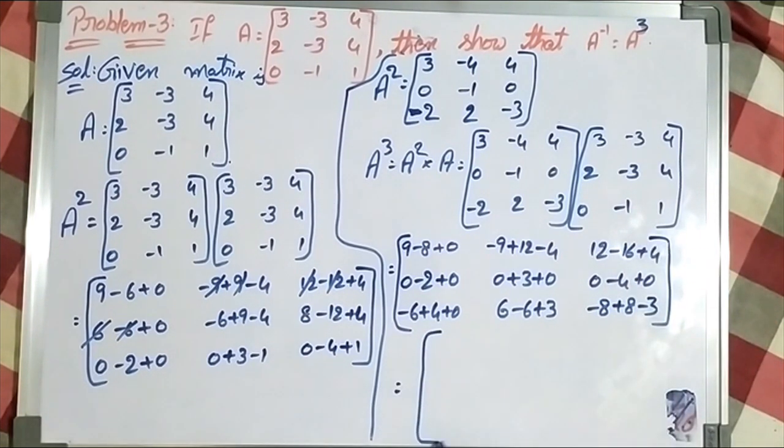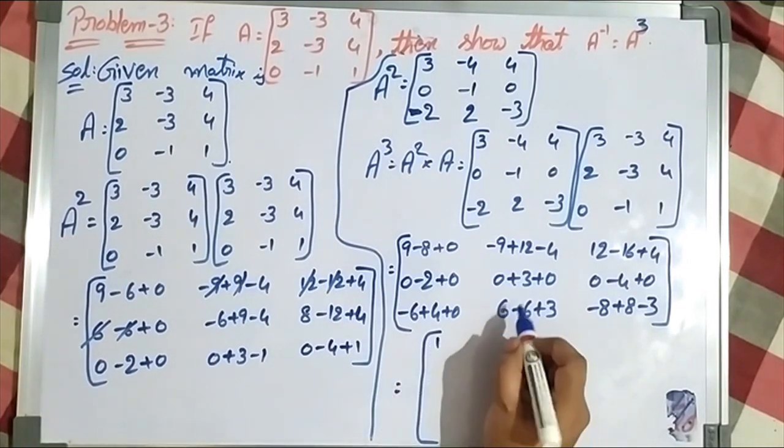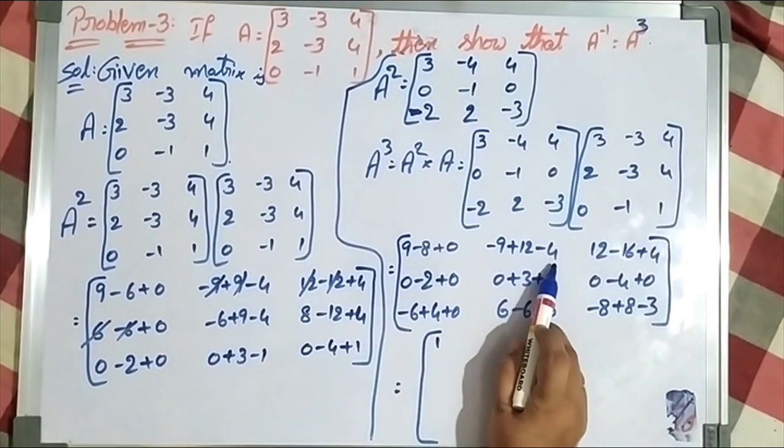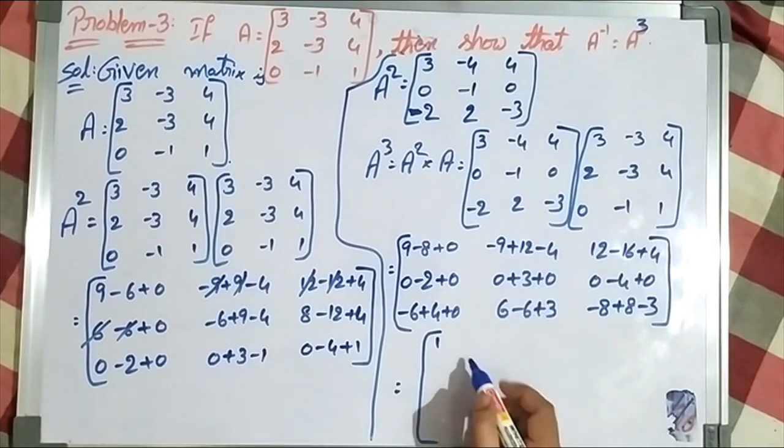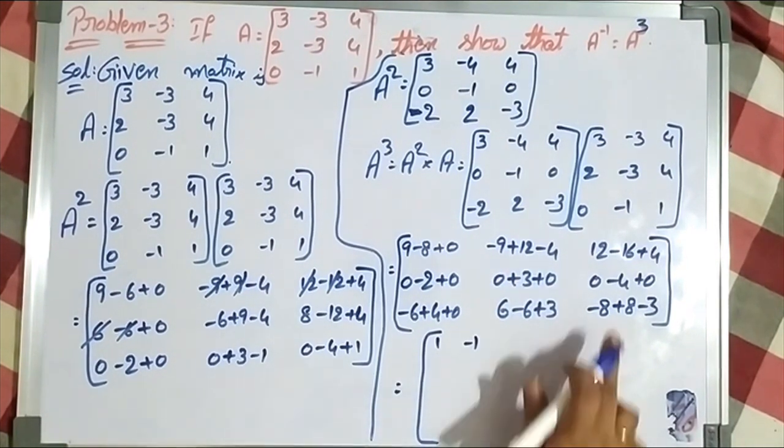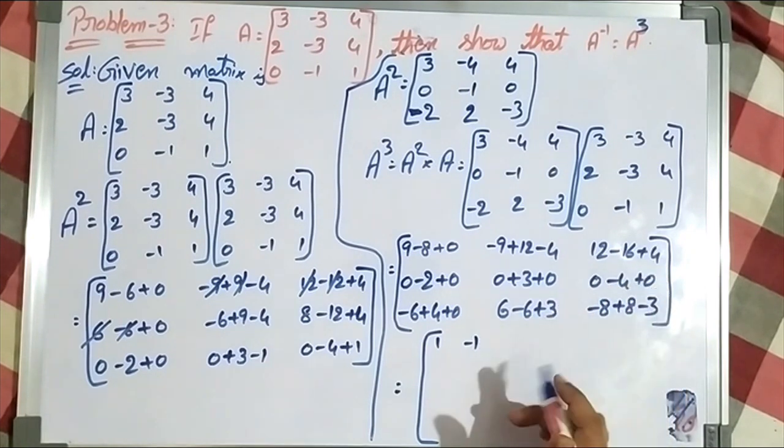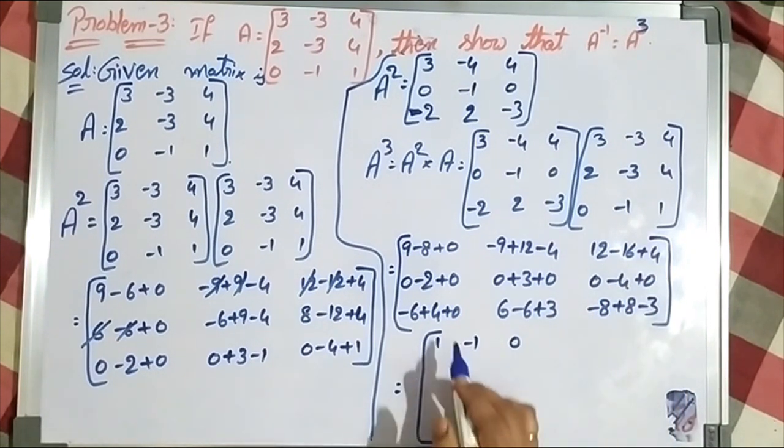That is equal to the A cube value. 9 minus 8, value 1. Here minus 9 minus 4, minus 13. Minus 13 plus 1 plus 12, minus 1. 12 plus 4, 16. 16 minus 16, 0.